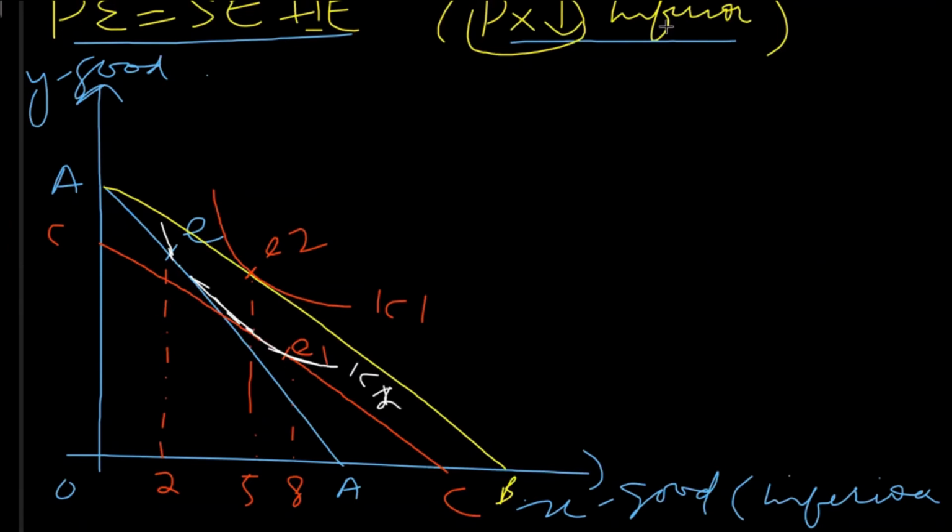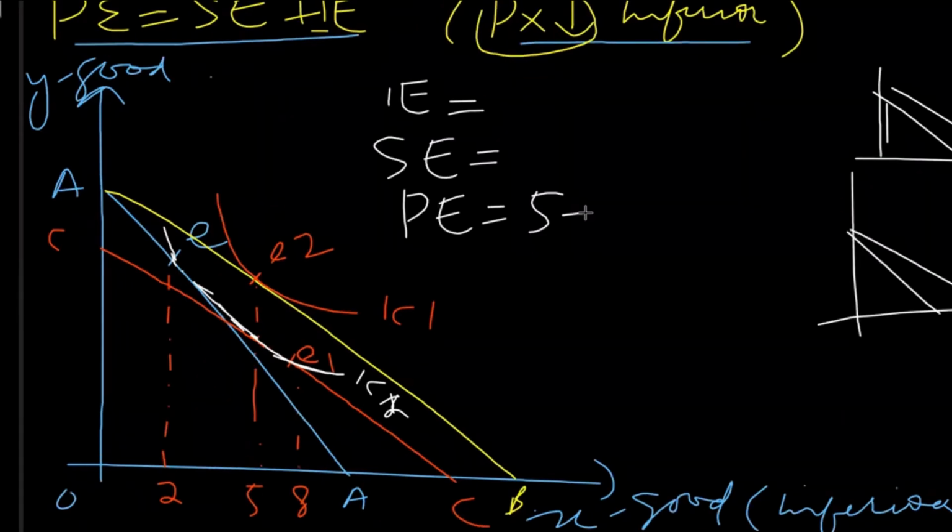Again we know that when two budget lines are parallel to each other, they show the income effect. So in this situation, we know that the income effect is shown with two parallel lines, and here we have two parallel lines CC and AB. 5 minus 2 is equal to 3, which is basically the price effect.